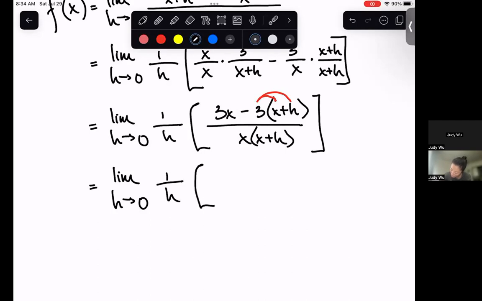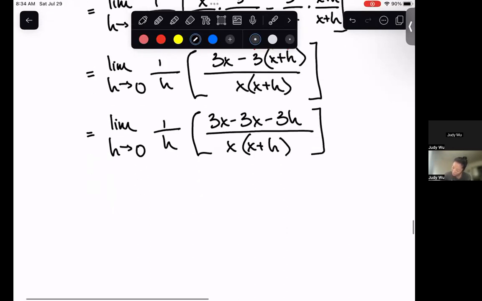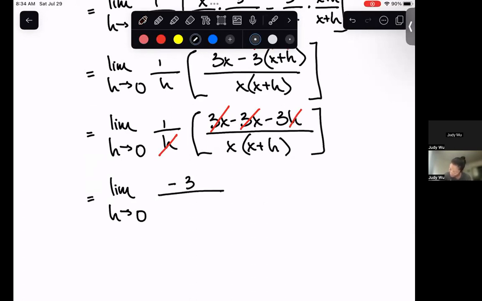So 3x minus 3x minus 3h all over x times x plus h. All right, let's see what we have. The limit as h approaches 0. I notice that the 3x's reduce. This h and that h reduce, and I end up with -3 over x times x plus h.